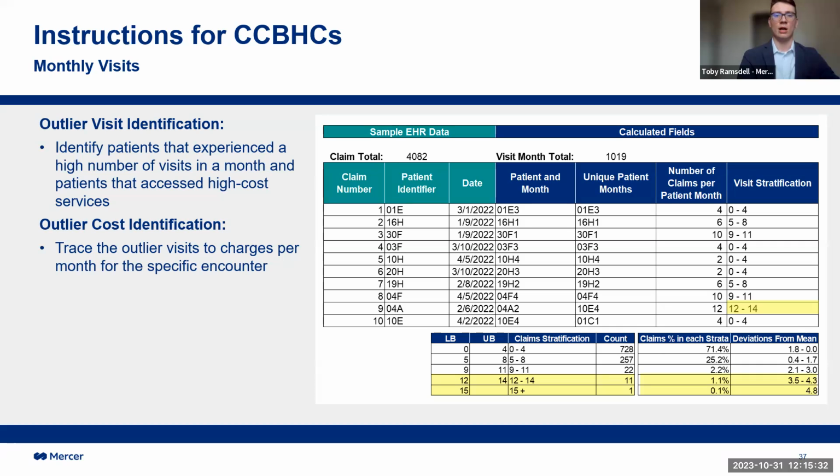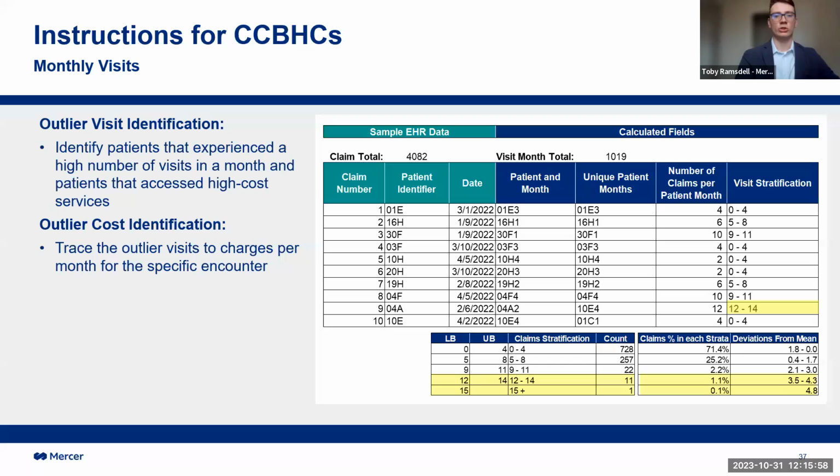And then I want to analyze unique patient months. This ignores duplicate patient visits in a month, because we only want to count each patient visit in a month once. I don't want to count 2 visits for a certain patient as 2 visits if those occur in the same month. That's the reason for looking at unique patient months.